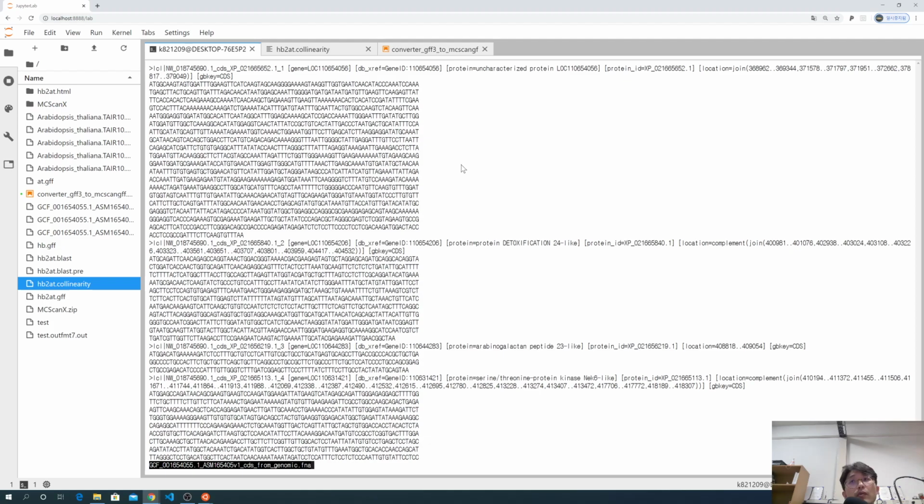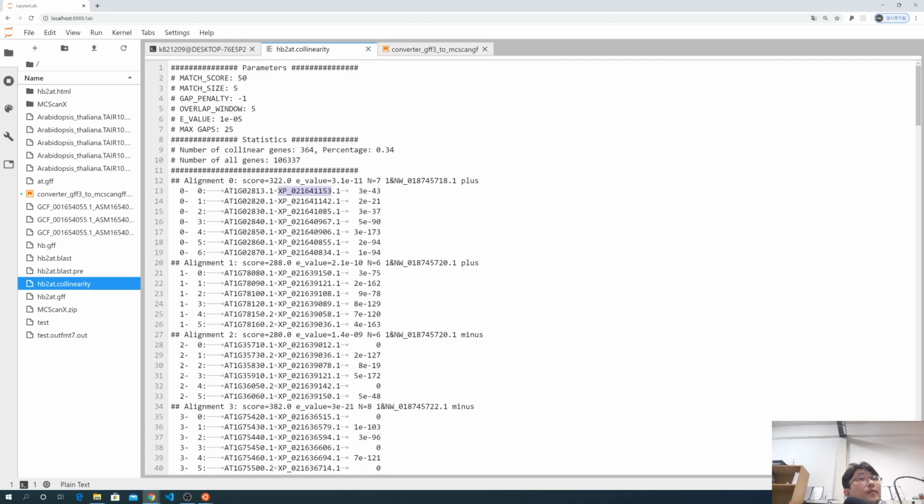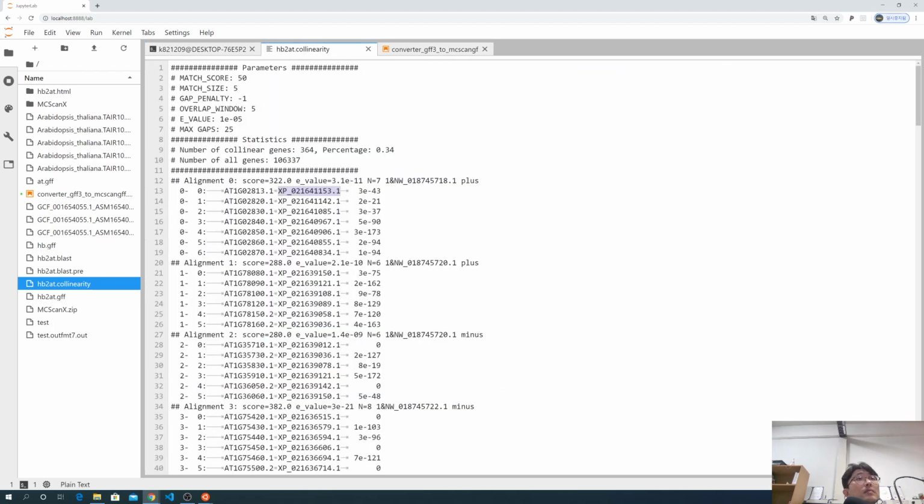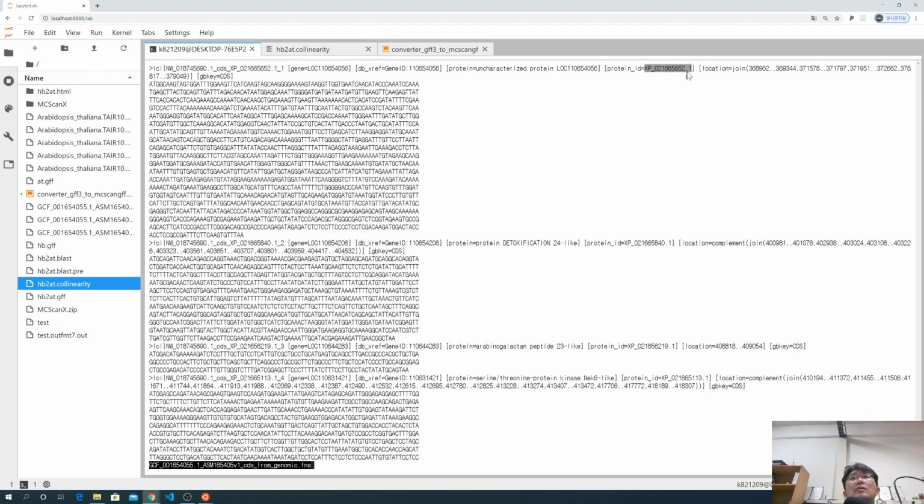So now what we have to do is see the IDs. What kind of ID have we used? Our ID was this one, right? XP something dot something. So we have to use the protein ID. Okay.